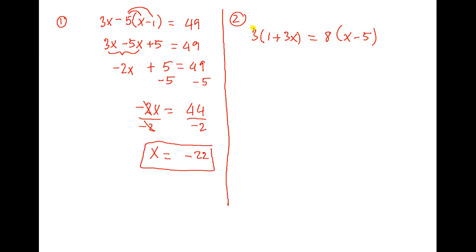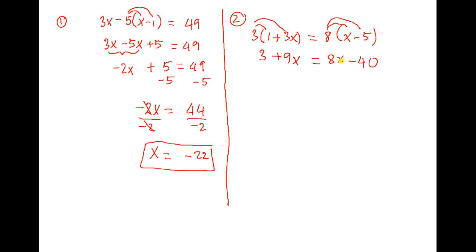But here we have 3 multiplied to something and 8 multiplied to something. The first rule is make sure you distribute the 3 to the inside here, and then do the same thing to the 8. So 3 times 1 is 3, 3 times 3x is 9x, equal 8 times x is 8x, and 8 times minus 5 is minus 40.